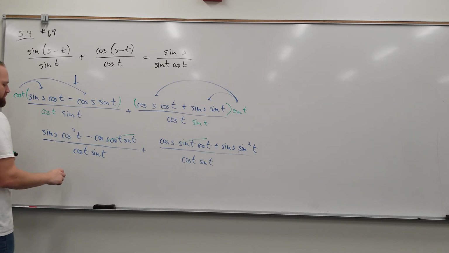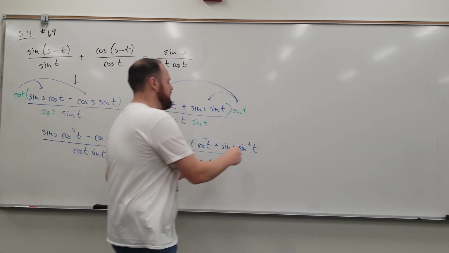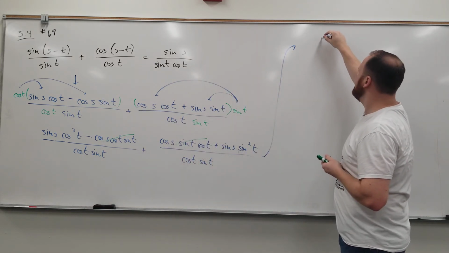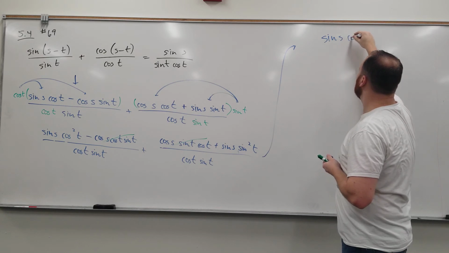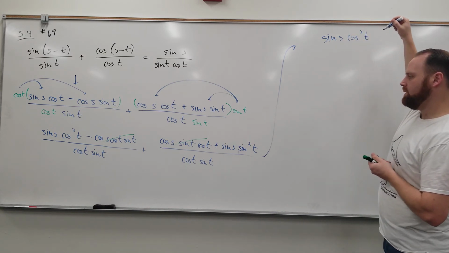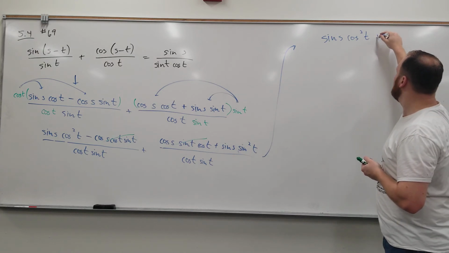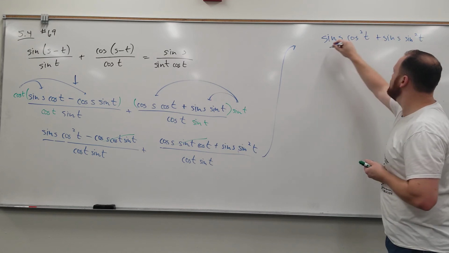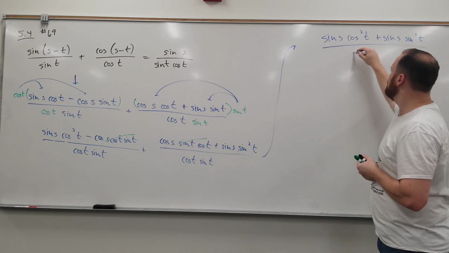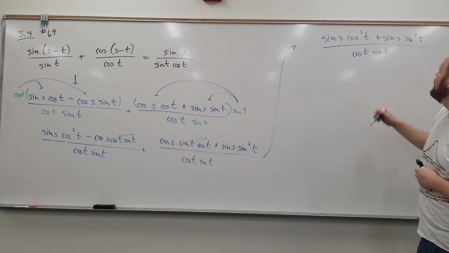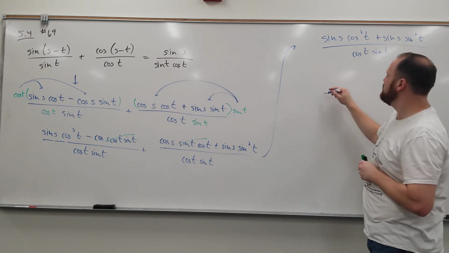So at this point, we've got sine s cosine squared t plus sine s sine squared t over cosine t sine t. Okay, I can factor out a sine s from the numerator.